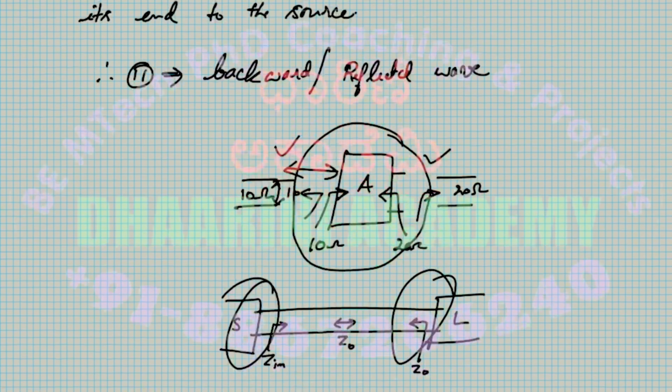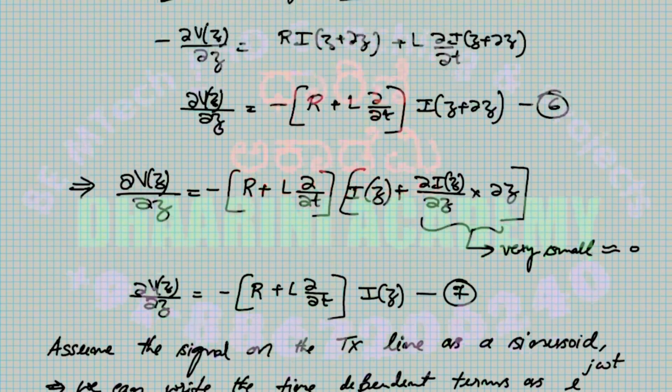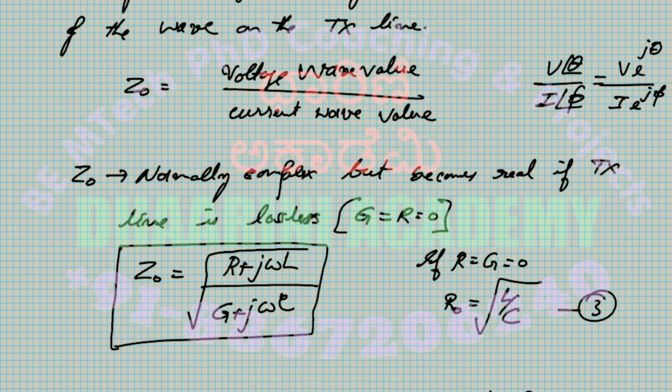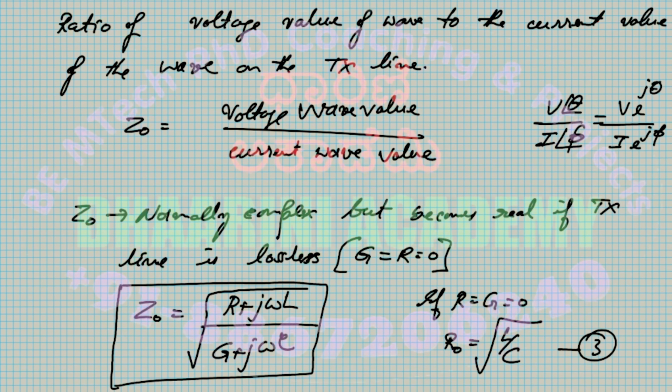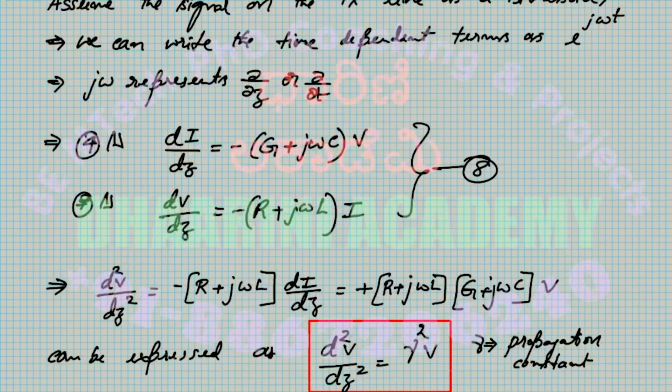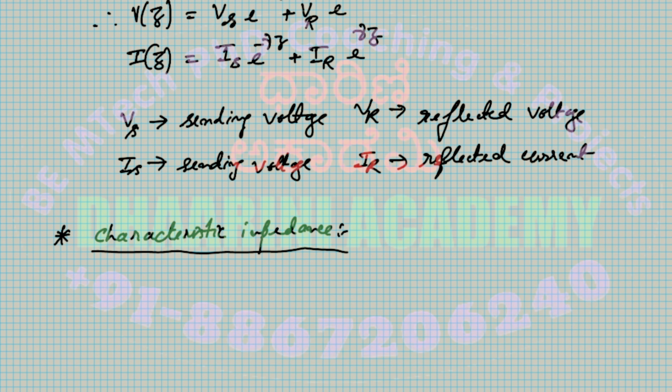What was the definition for Z naught? Yes, this is the one you can see, the ratio of voltage to the current value at any point. That is one definition. Now, since I used one definition already, I'll try to give a different version of that.